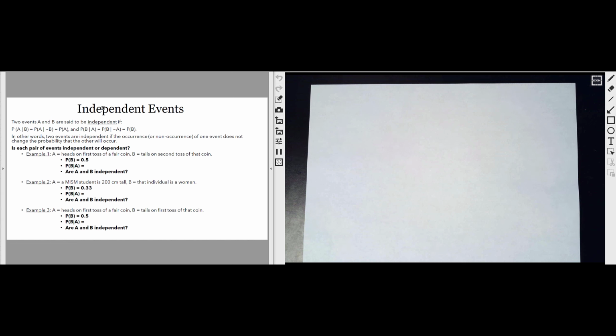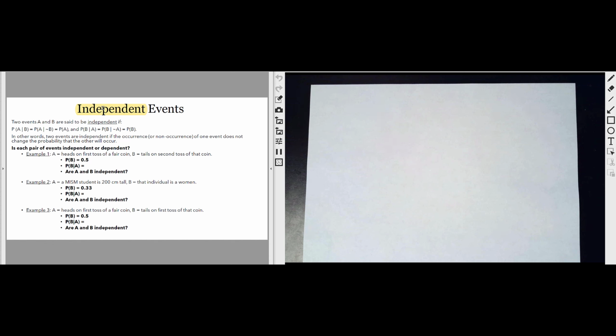Okay, now what if two events are independent? That is, the occurrence of one event has nothing whatever to do with the occurrence of some other event. For example, instead of rolling 2 dice and computing the sum, we might roll 1 die and select one person and ask, what is the probability that our person has brown eyes given that we rolled an odd number?